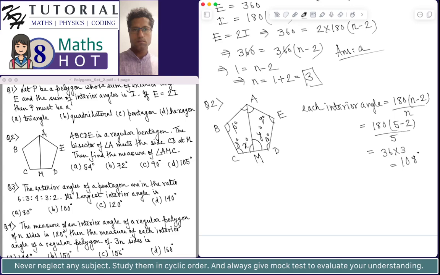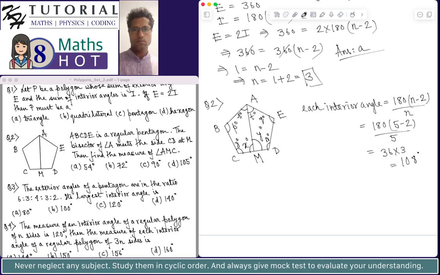I hope it will not be a problem if I am using a lot of letters. And the two angles formed by the angle bisector of angle A, let's say these are S degree and T degree.